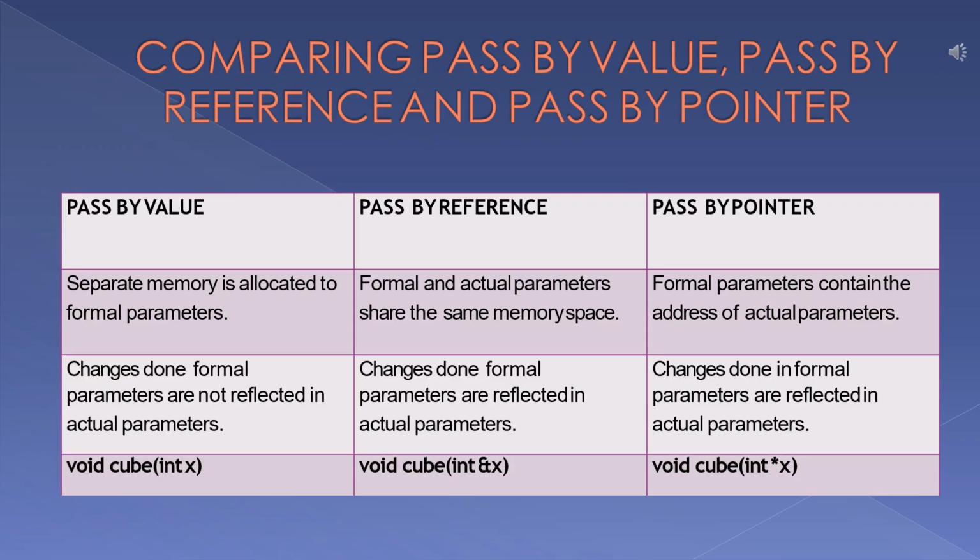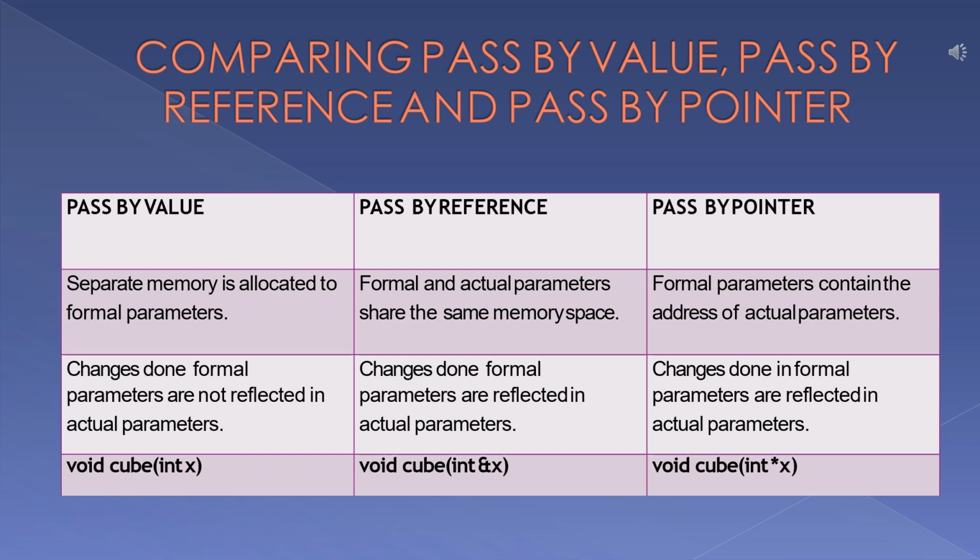Here we are comparing pass by value, pass by reference and pass by pointers. In the first case, pass by value, actual arguments and formal arguments have separate memory locations. So any change done in the formal arguments is not reflected back in the actual arguments. The method in which you pass is int x, that is a simple variable; x is a normal variable.